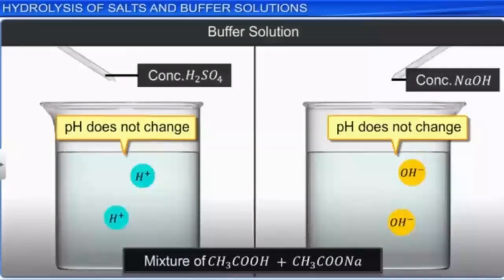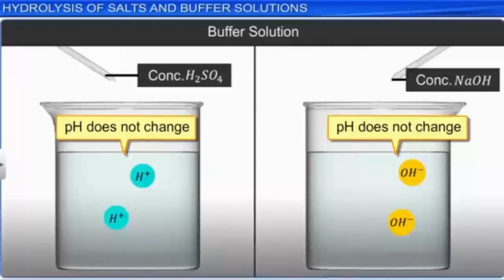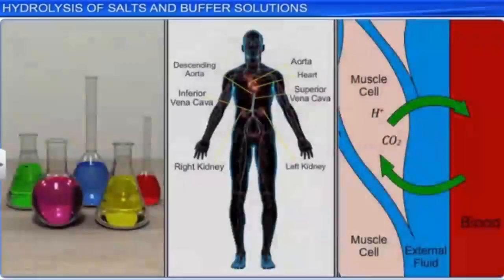Thus, a buffer solution is a solution that resists any change in its pH on dilution or on the addition of a small amount of a strong acid or a strong alkali. Buffer solutions, or simply buffers, play a vital role in chemical, biological, and biochemical systems.